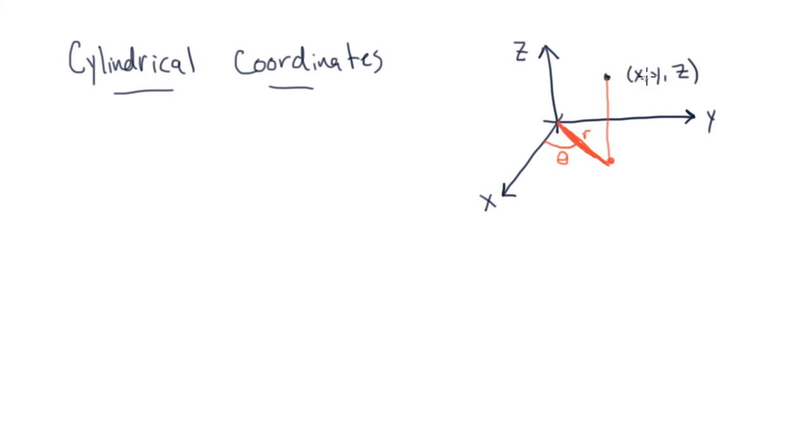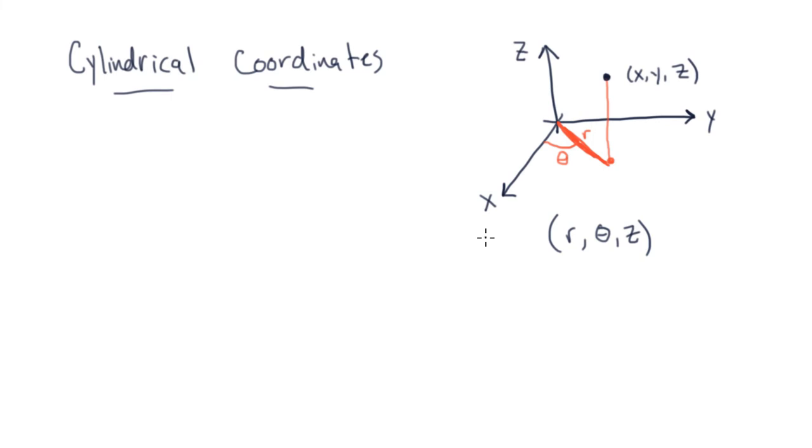So instead of having x, y, z, we're going to have r cosine theta, r sine theta, z. We'll write a triple r, theta, z to mean: if this is the point r, theta, z right here, we go out a distance r from the origin in the xy plane, make an angle with the positive x-axis of theta, and then go up z units, and that'll be our point. So that's how we describe points in cylindrical coordinates.